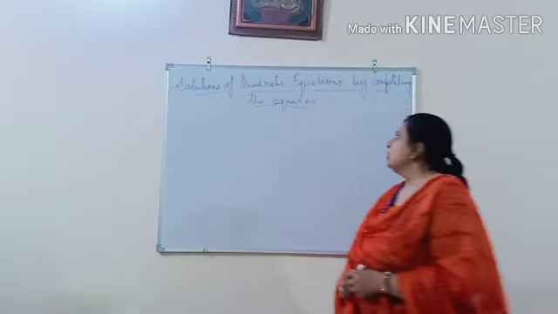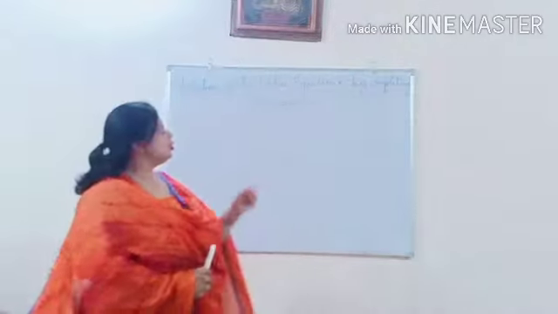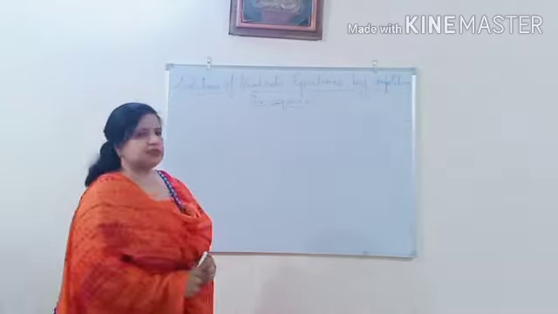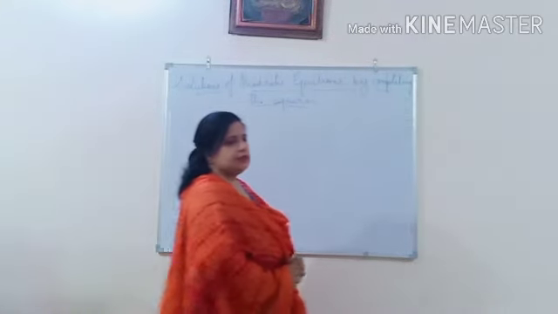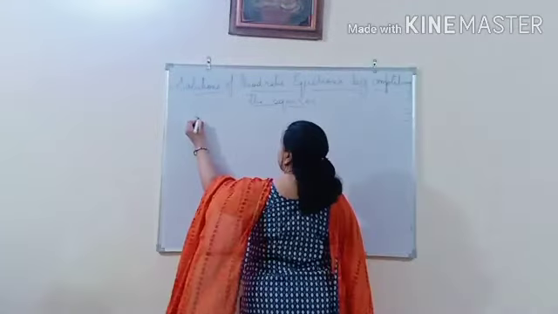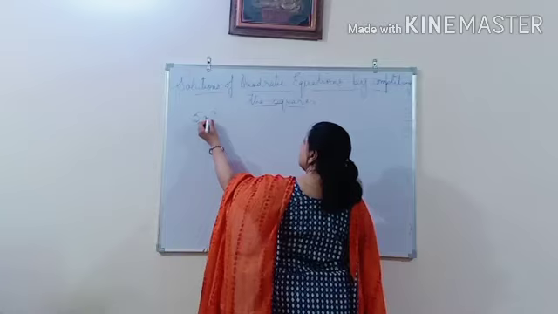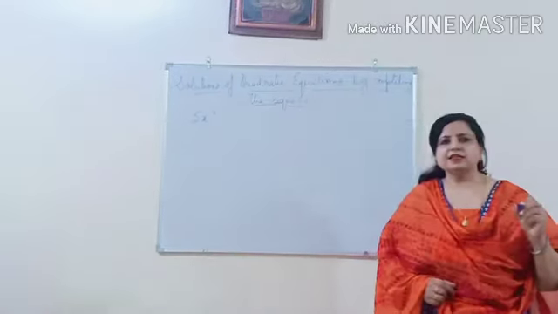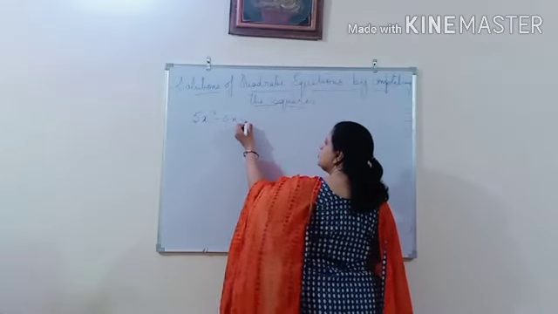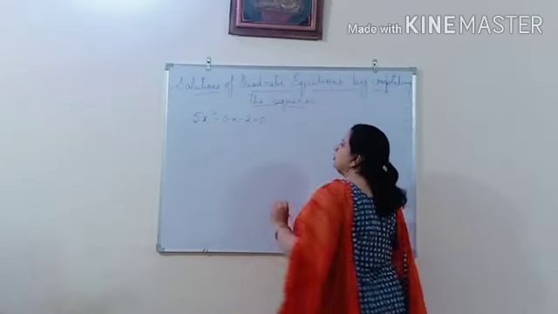So let us begin with the second method, that is by completing the squares. Let us discuss now solutions of quadratic equations by completing the squares. For this, let us take a quadratic equation 5x square minus 6x minus 2 equal to 0.